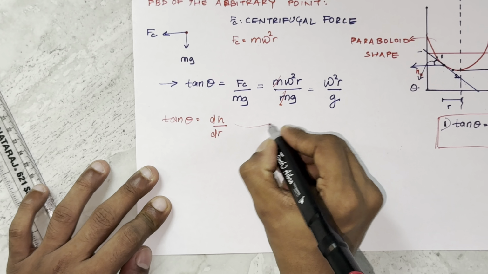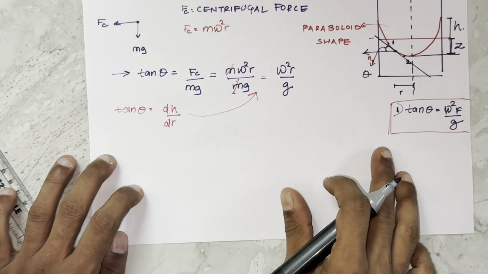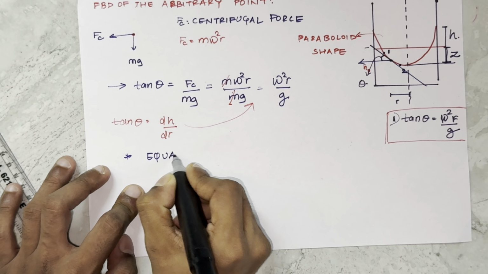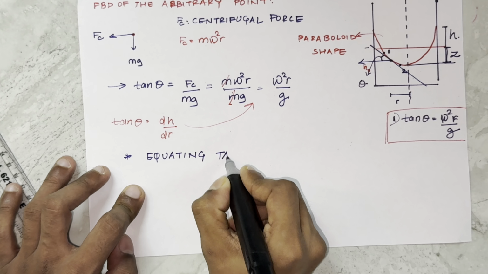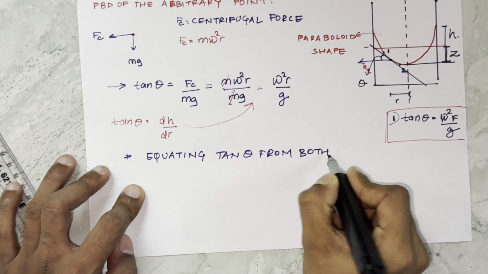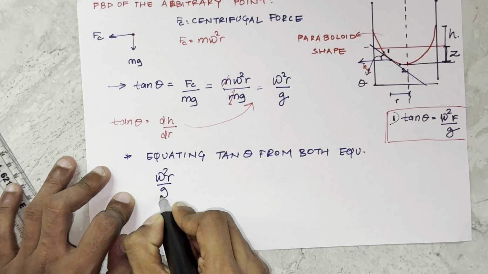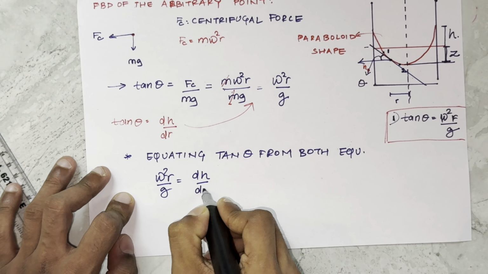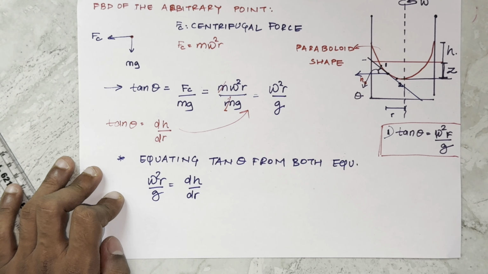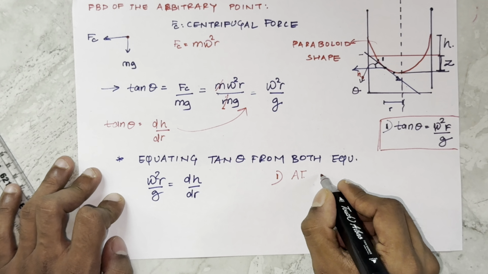Equating tan theta from both equations, we can write omega square r by g is equal to dh by dr. Since this is a first order differential equation, we need an initial condition, and that is at r equal to 0.